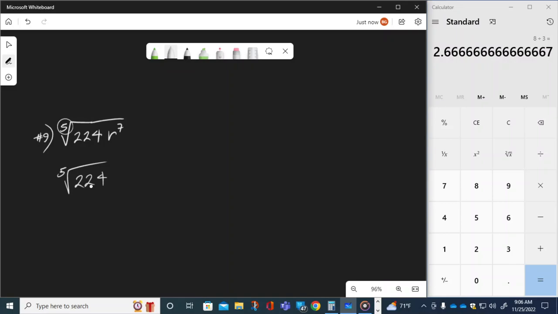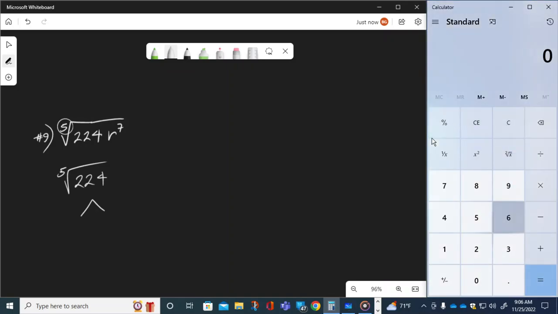Now when you do prime factorization, 224 divided by 2 equals 112. 2 is prime, 112. Divide that by 2, that's 56.